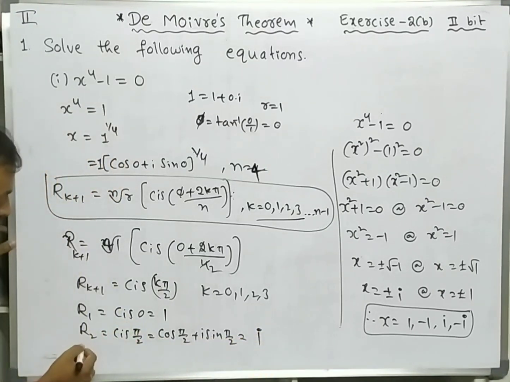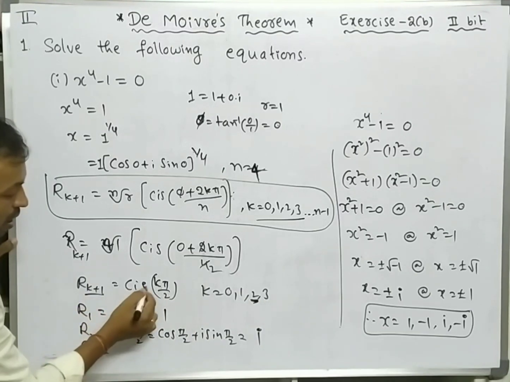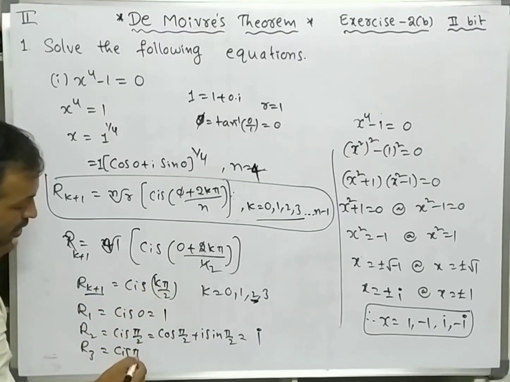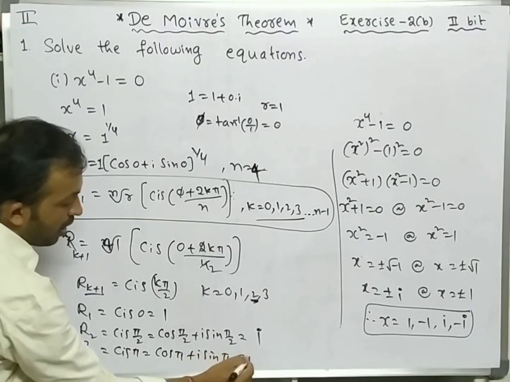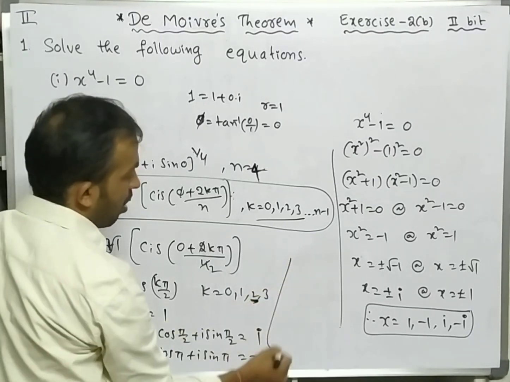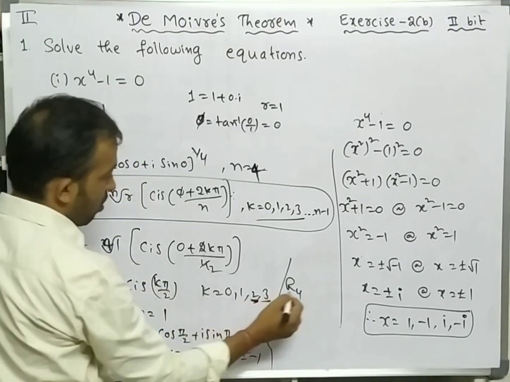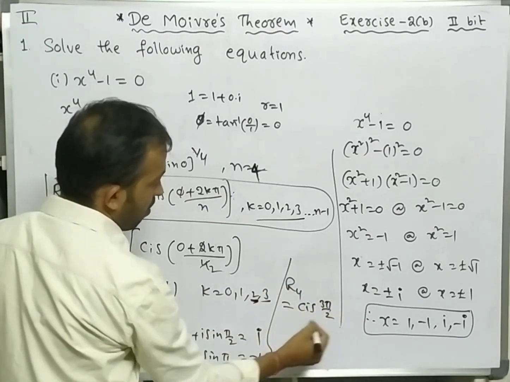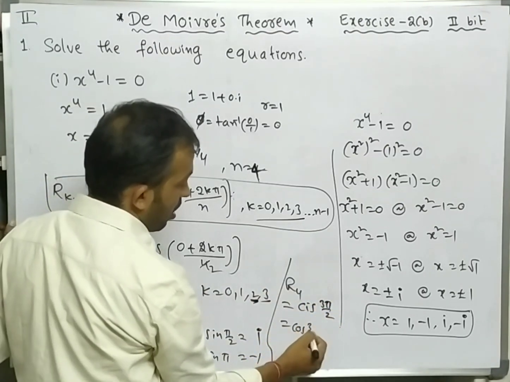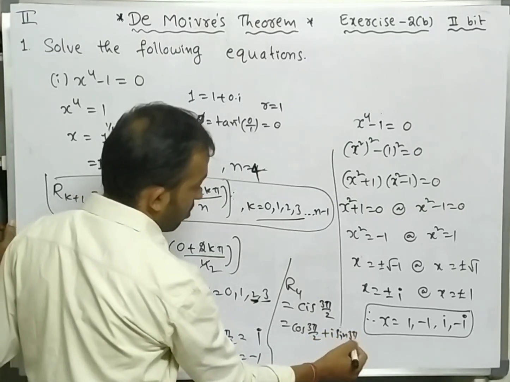Similarly r3: take k is equal to 2, we will get r3, cis pi, meaning cos pi plus i sin pi, that value is minus 1. Finally r4, if k is equal to 3, r4 is equal to cis 3 pi by 2, meaning cos 3 pi by 2 plus i sin 3 pi by 2.